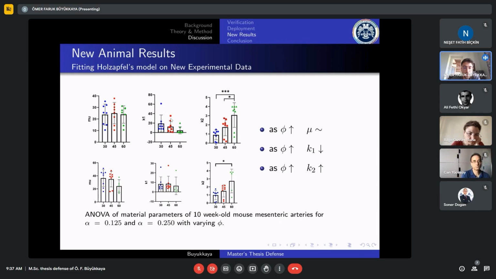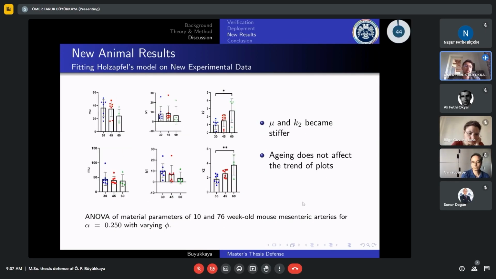These might be caused by overfitting problems, since we are using pressure-radius data that are collected at 6 pressure points. Increasing these data points might be helpful to get a better fitting result.